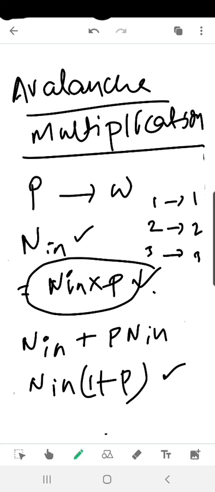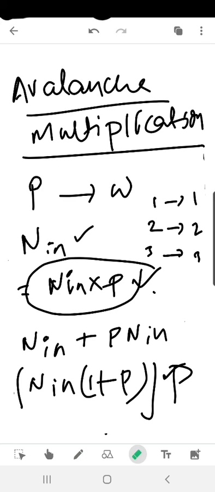These electrons will again undergo collision, and the number of collisions will again be p times this. So this process goes on. Again, the number of electrons will continue to increase. The number of electrons and holes will both continue to increase.